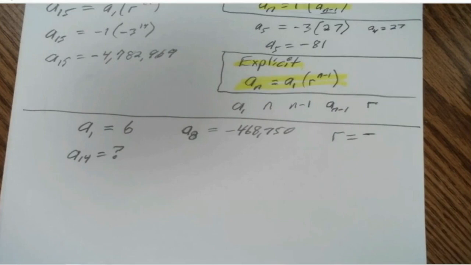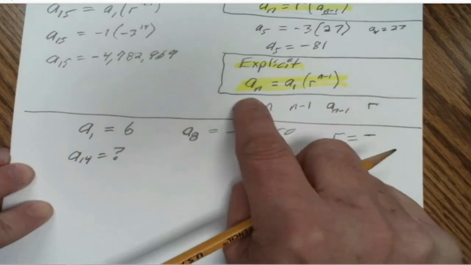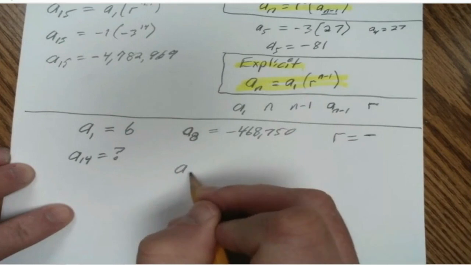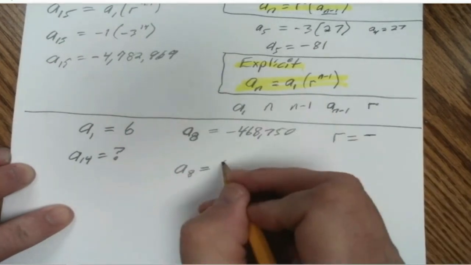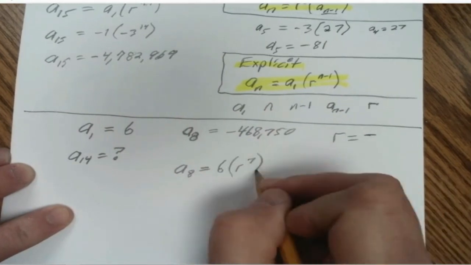So we can find this using our explicit formula. We know that A sub 8 equals A sub 1, 6, times R to the 7th.